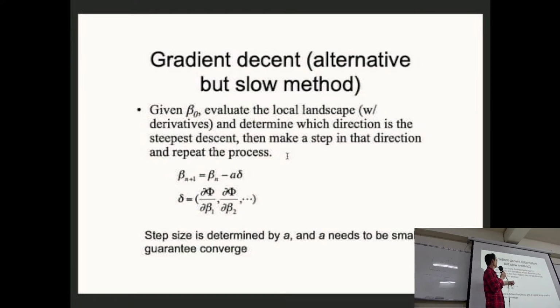In the Newton-Raphson method, delta is slightly complicated, depending on first and second derivatives. In gradient descent, we only take the gradient as delta. In the example, we only have two elements, so it's very easy. We just need to calculate the derivative.